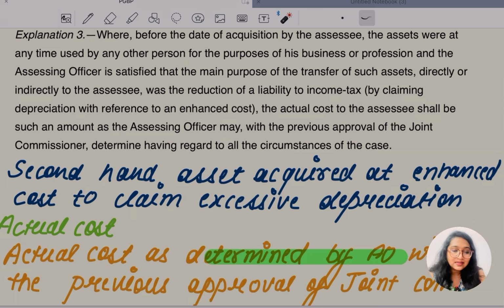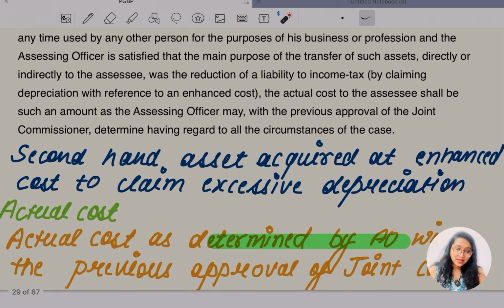If the SSE is going to claim the depreciation on the higher value of the asset, for example, the actual value of asset is 100 lakh, and the SSE is going to claim depreciation on 200 lakh, ठीक है, so what is he going to do? He is claiming the excessive depreciation to reduce the amount of profit.